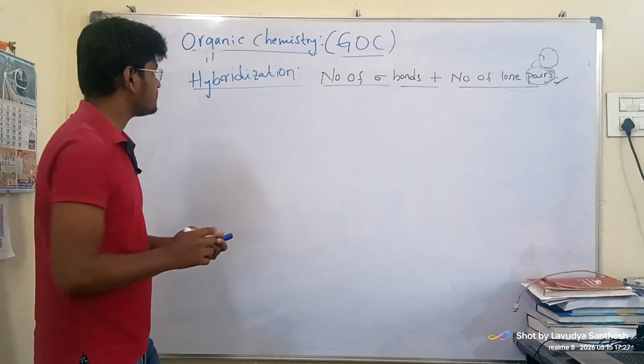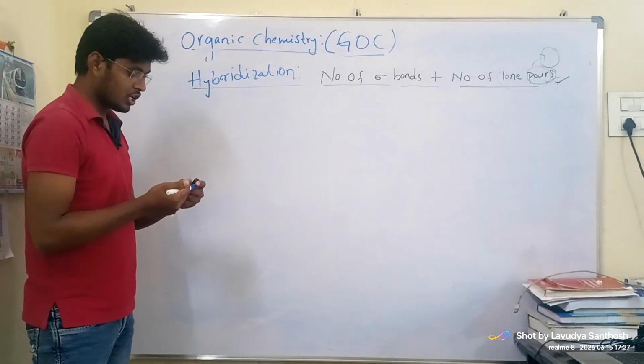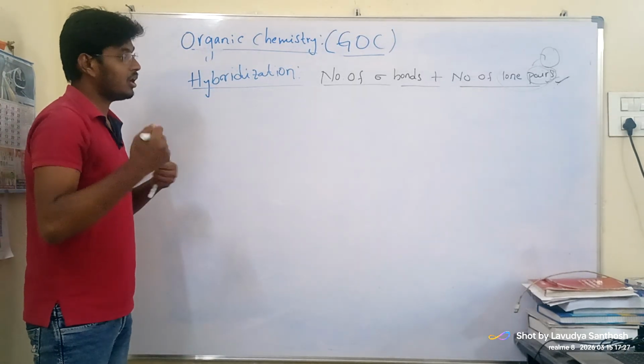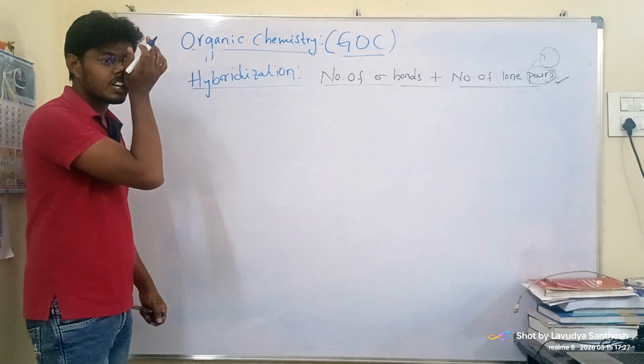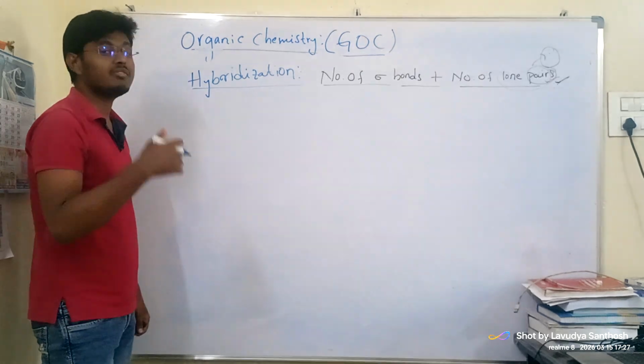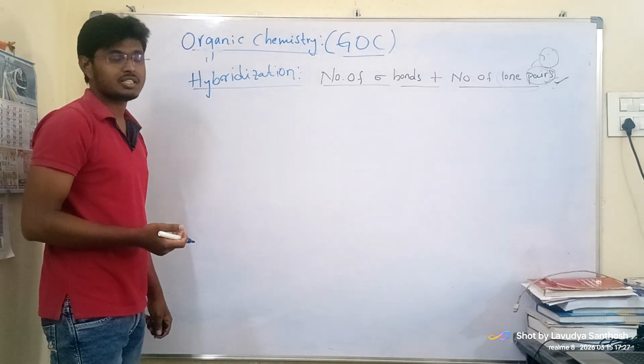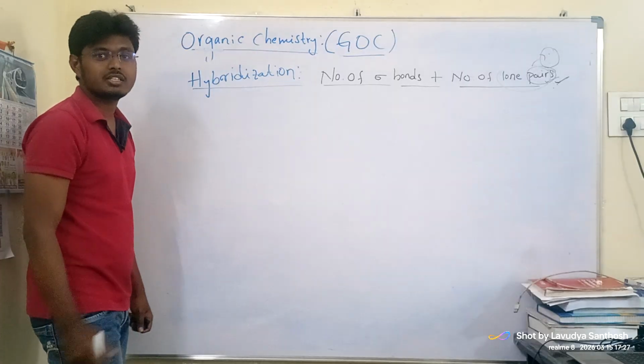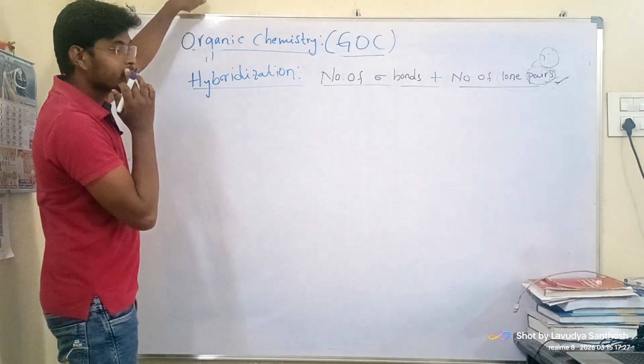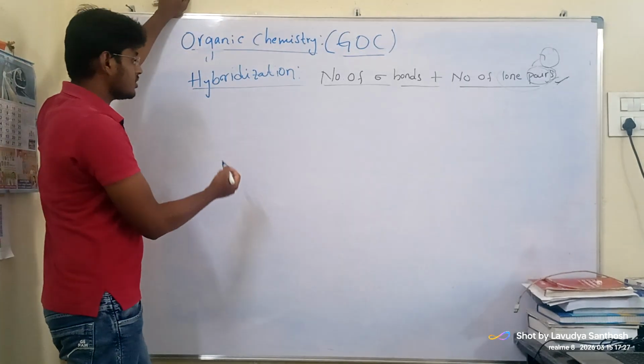Now you see, this is hybridization. In any given organic molecule, we must be able to identify it in a fraction of a second in entrance exams. We are not writing theory exams here, but let us draw one box.